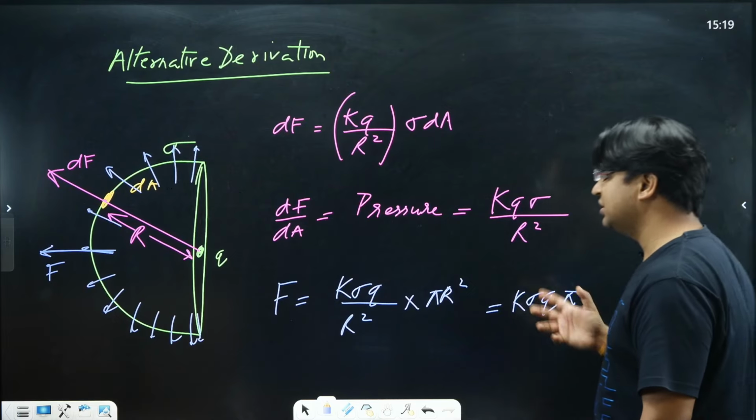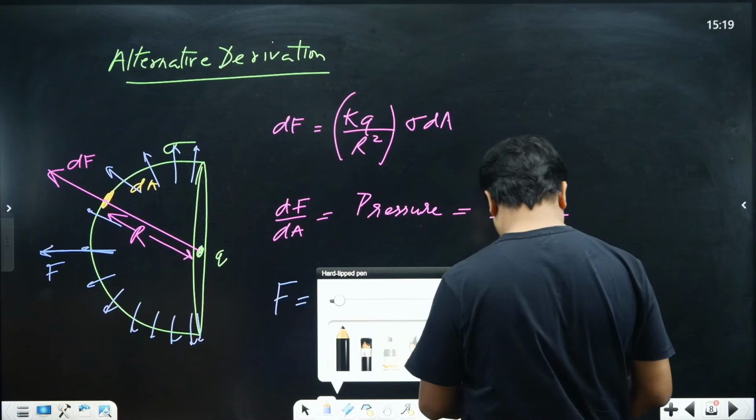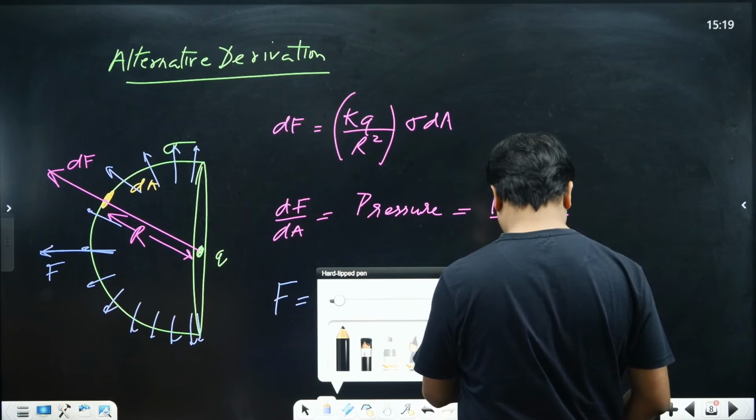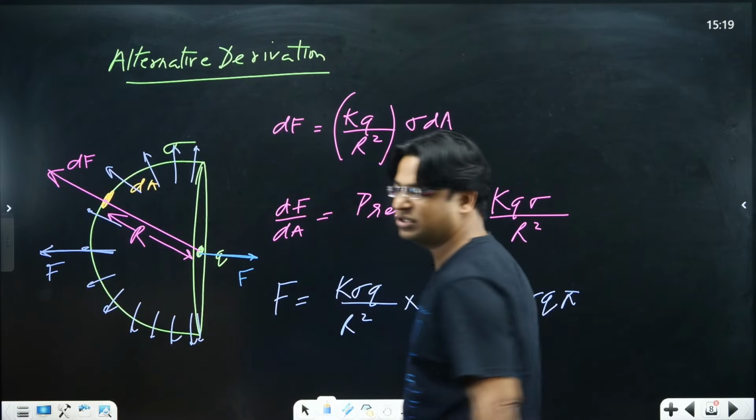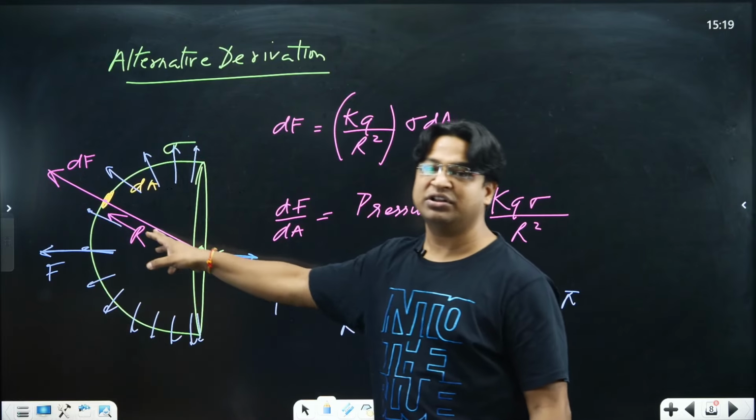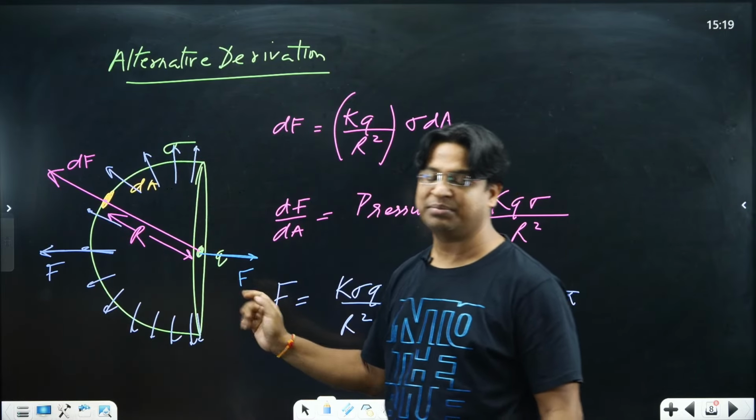Now, guys, the same force would be acting on the particle also. From Newton's third law, this is the force exerted by the particle on the hemisphere, so the hemisphere will exert the same force on the particle.